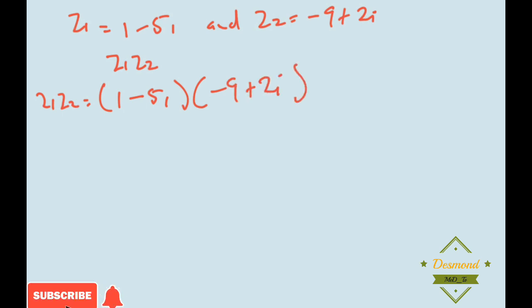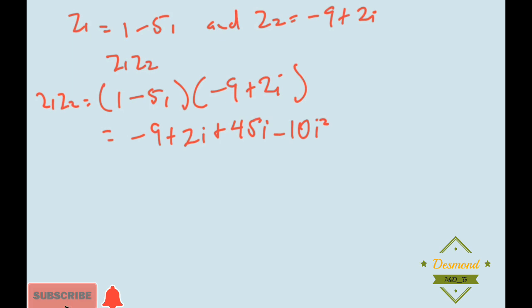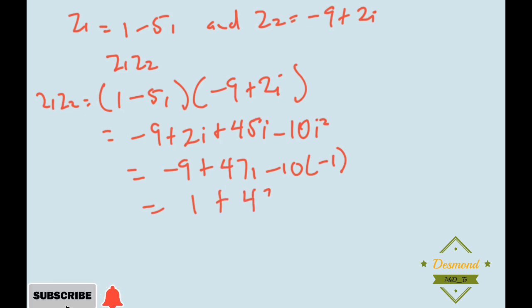And when we expand them, we should get -9 plus 2i plus 45i minus 10i squared. And we should get -9 plus 47i minus 10 times -1. And lastly, we should get 1 plus 47i. And this is our answer for example 3.